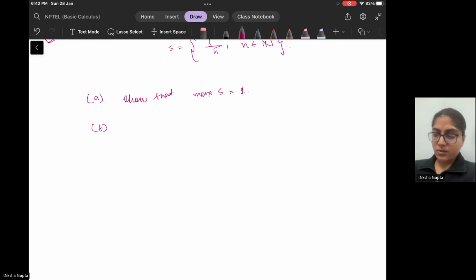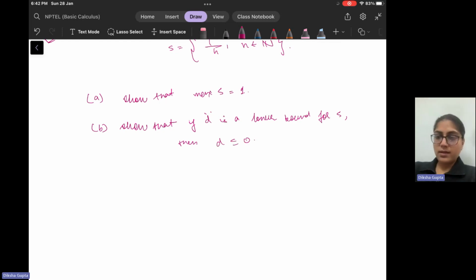Second is: show that if d is a lower bound for S, then d is less than or equal to 0.